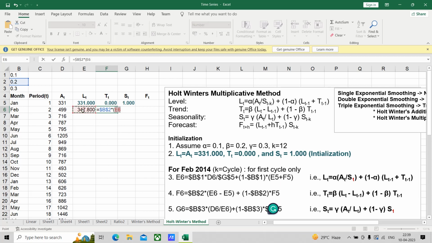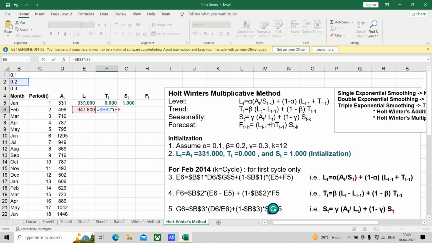So we click this cell and then type here the negative sign. Then we need L(t minus 1). t is 2, so 2 minus 1 is L1, and L1 is this value, column E, row 5.